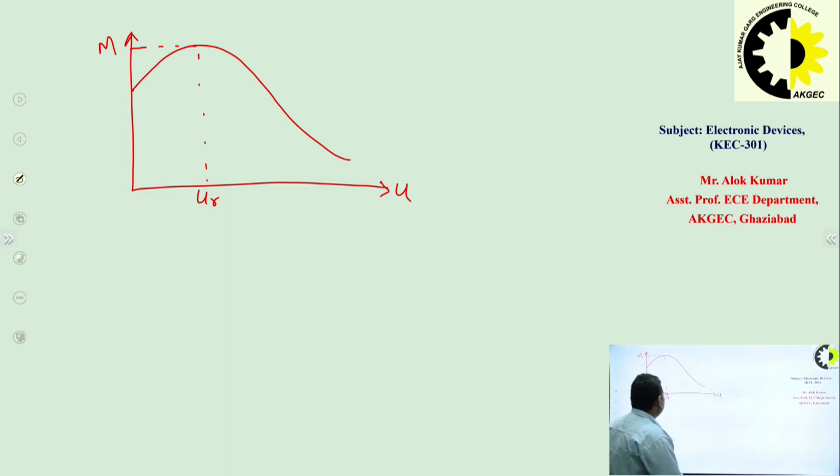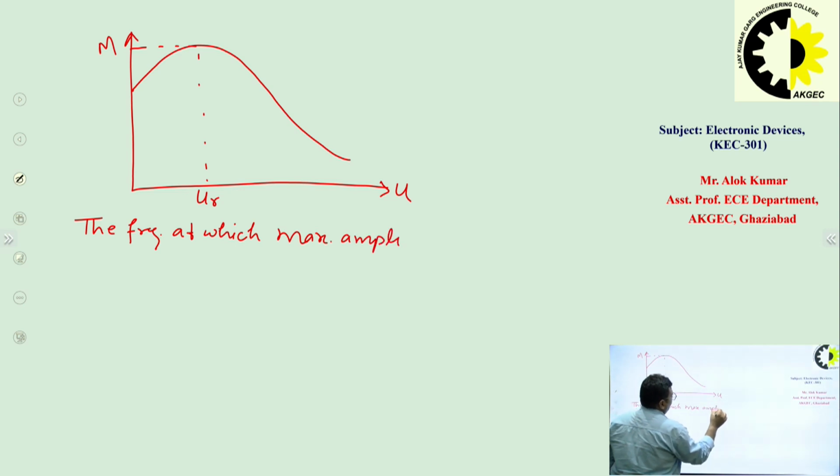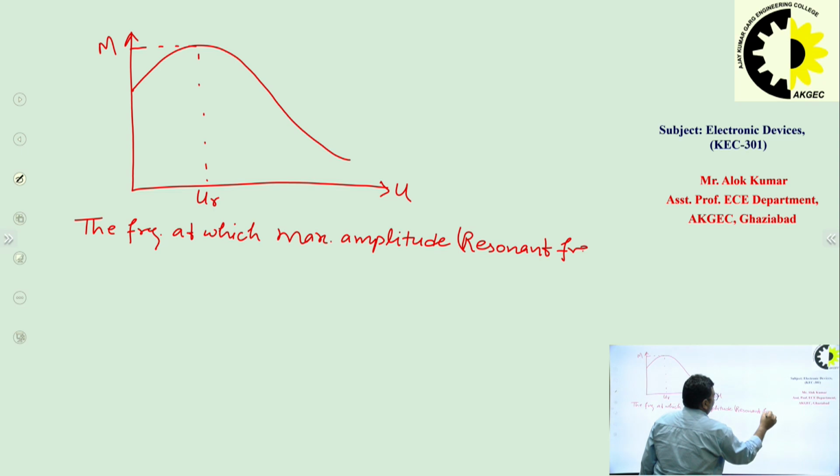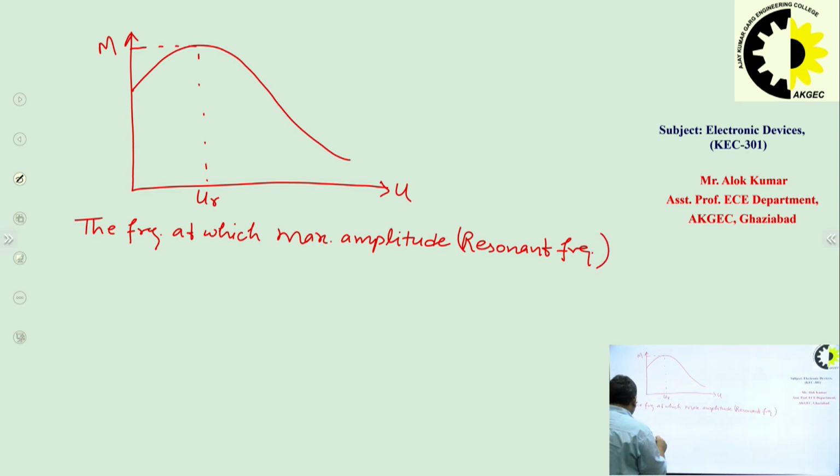So the frequency at which we are getting maximum amplitude, or magnitude, is called the resonant frequency. This is the first point.